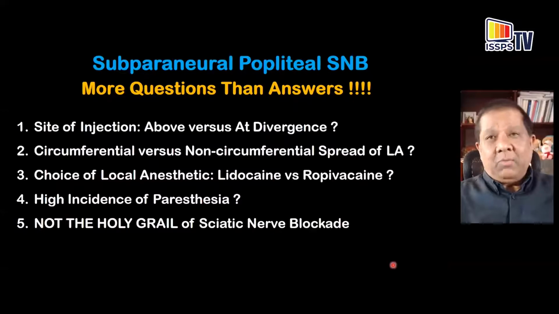So it really brings out more questions than answers. So what is the ideal site for injection other than the divergence? Is it necessary to have a circumferential spread above the divergence or below the divergence? The choice of local anesthetic.